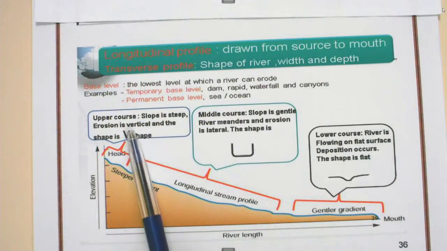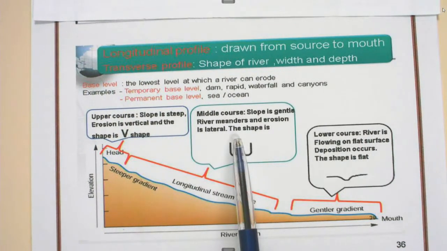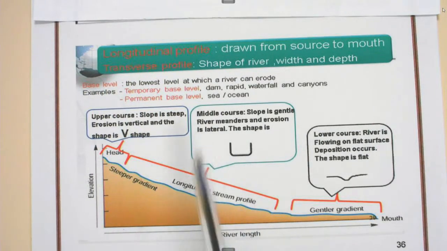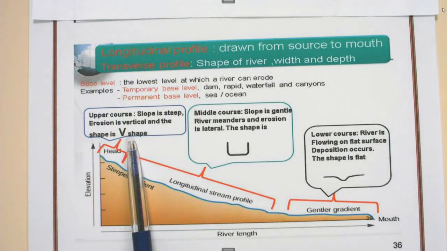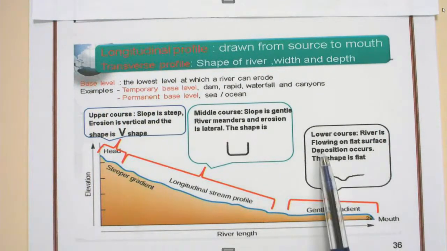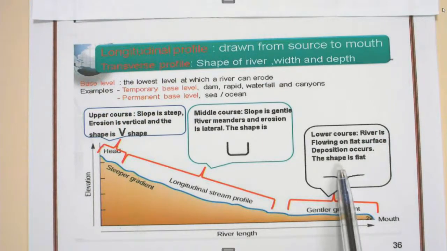In the upper course we had downward cutting, here we have sideways cutting. The river grows wider, whereas in the upper course it grows deeper. In the lower course, the river is flowing on a flat surface. Deposition is the most dominant process. The shape is almost flat.